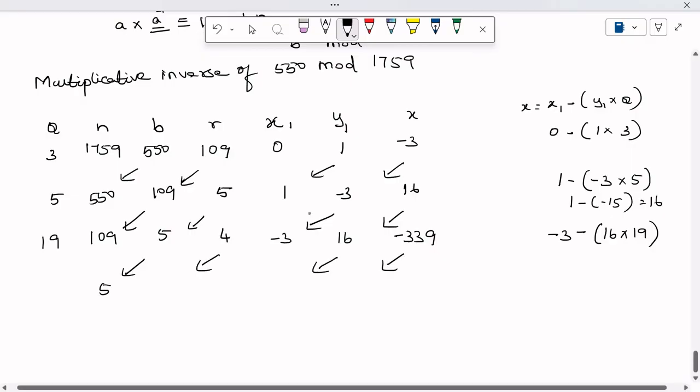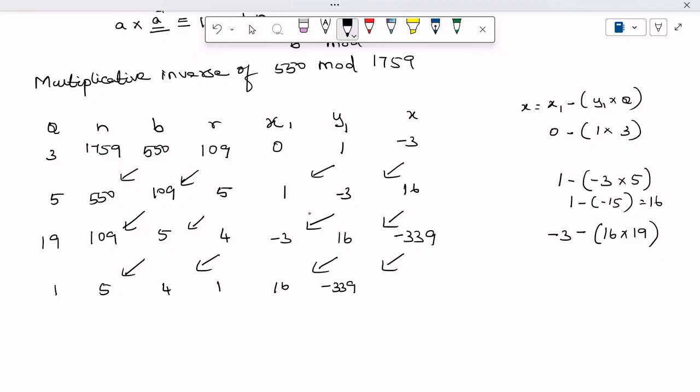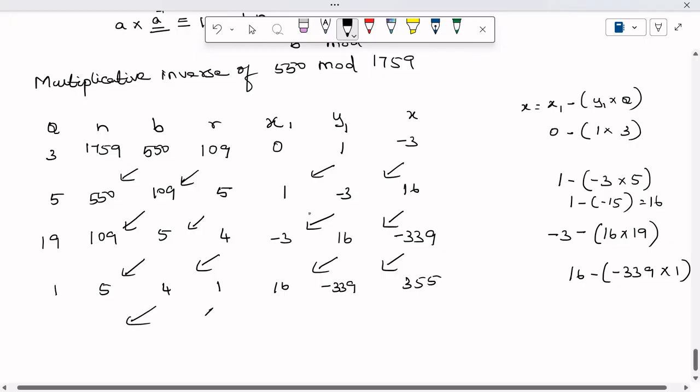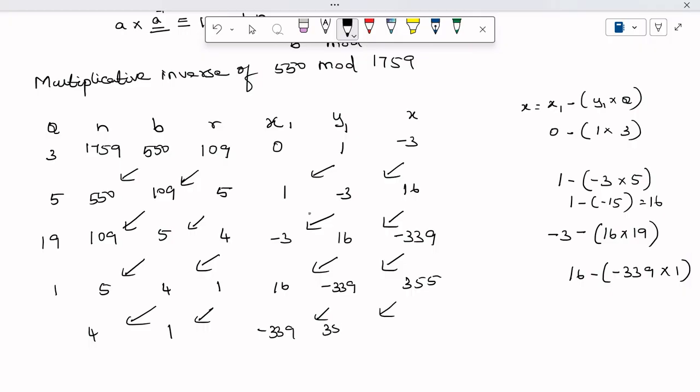So this is 5, this is 4, this is 16, this is minus 339, and 5 divided by 4 is 1 and 1. And here this is 16 minus of minus 339 multiplied by 1. You will get 355. So now this is 4, 1, and this is minus 339 and this is 355.